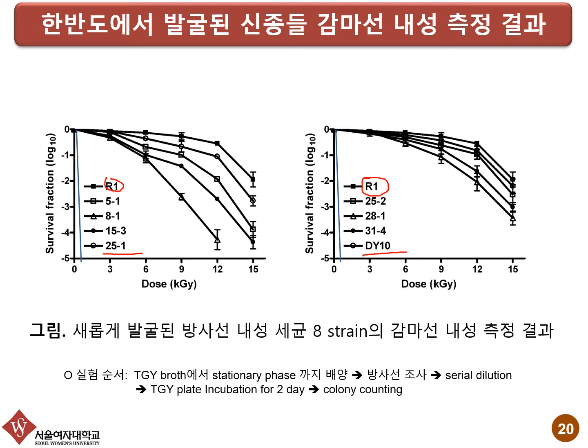This experiment was done using TYG broth, with stationary phase cells as the initial cells. We give the gamma radiation, then serially dilute, plate them on TYG plates, and after 2 days of incubation at the optimum condition, we count the colonies and make this graph.